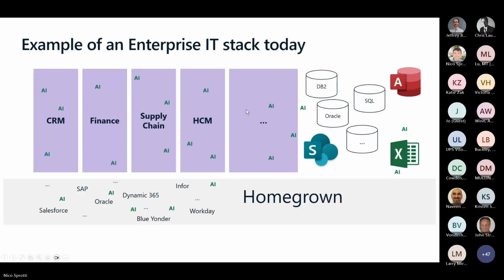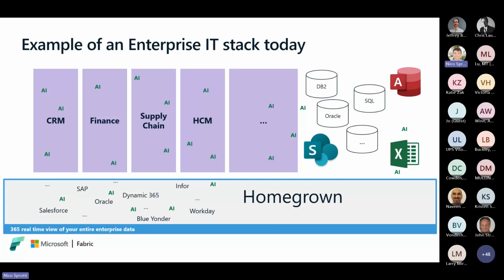And now, every IT department is faced with, hey, I want to infuse AI everywhere, right? So where do we start? So the first step is let's understand the lay of the ground, right? Let's put Power BI and Microsoft Fabric on top of that tech stack, on top of that data stack, and really have a true 365 real-time view of my enterprise data.